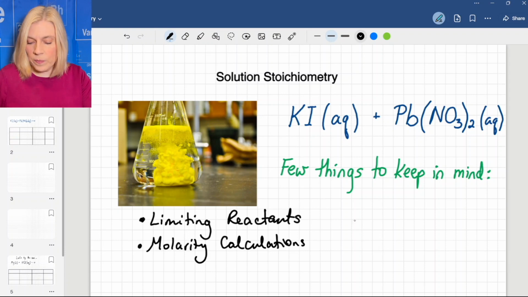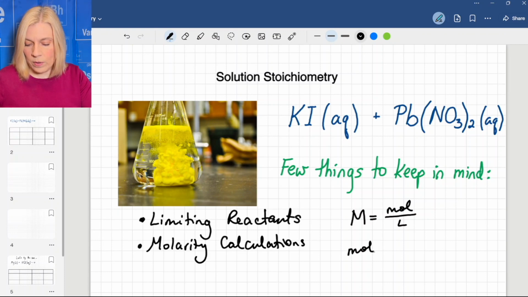So remember, big M molarity is moles of solute per liter of solution. So that means moles will equal molarity times liters. Keep that in mind. That will be very, very important.